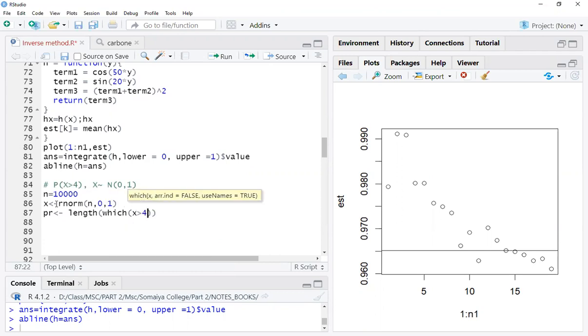Since you are interested in the probability, you divide it by n, and this will give you the probability that x will be greater than 4, which may give one or two values only, because it is a rare probability. Hardly a few values will be there. So we can get this probability value.